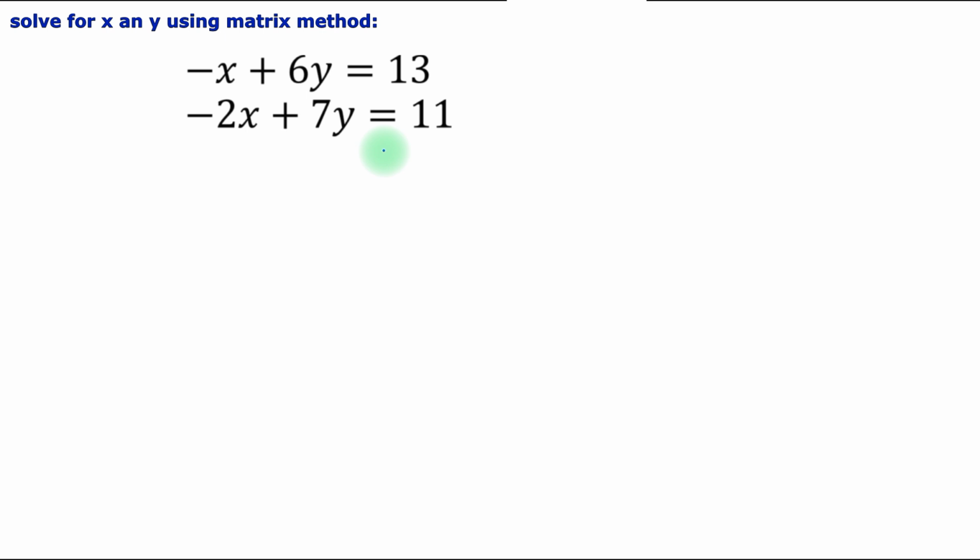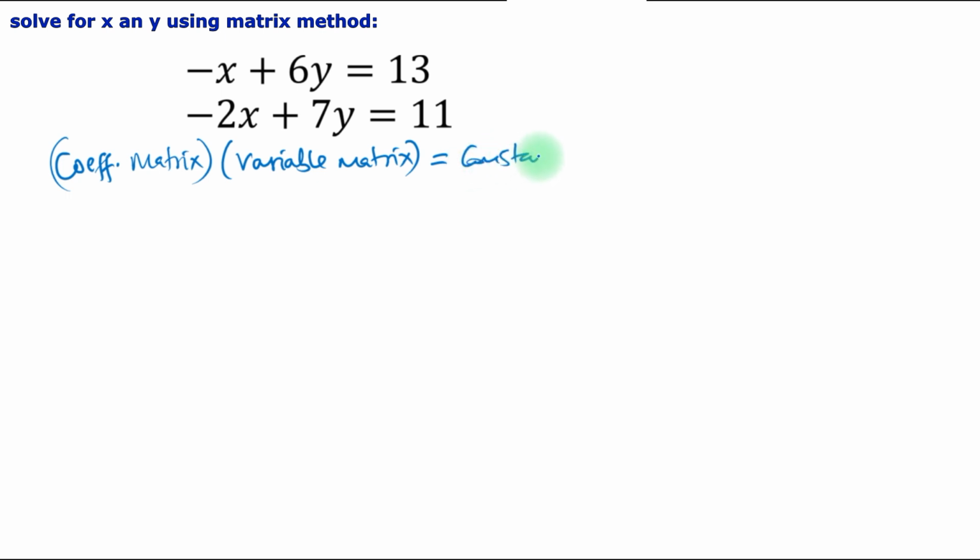So we are going to first write the simultaneous equation in matrix form, and in that case we have to consider the coefficient matrix. Then we multiply by the variable matrix to get the constant matrix. For our case, we have the first equation and the second equation.